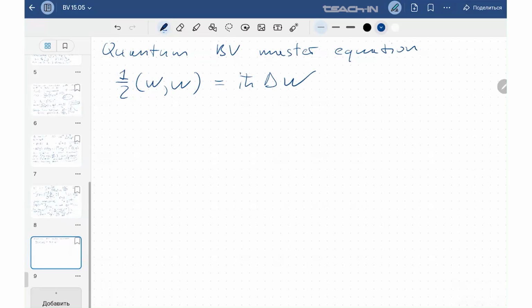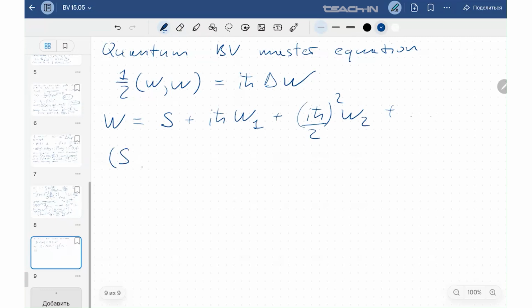If we assume that w is an expansion in h bar, which starts with the classical BV action, S plus I h bar W1 plus I h bar squared over 2 W2, etc. Then this equation implies, of course, that at zeroth order in h bar we get S, S equals 0, right?